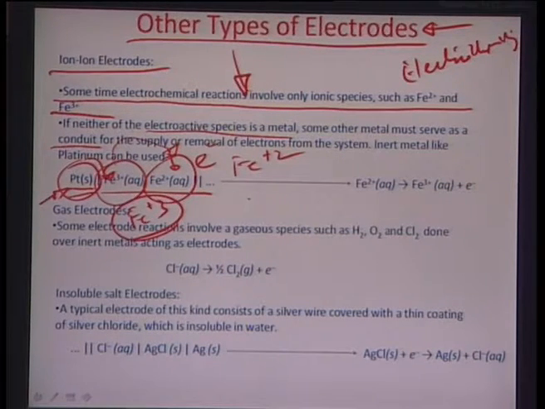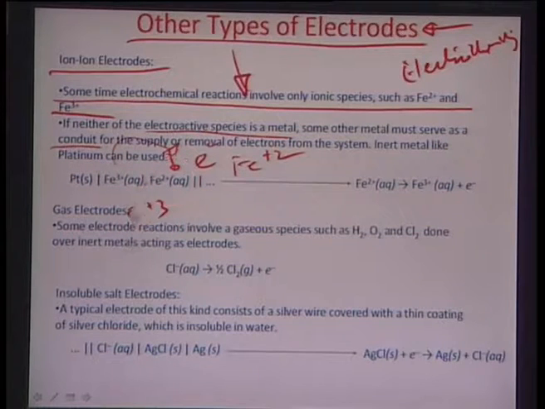The other types of electrodes that are available are gas electrodes, as can be illustrated in this particular example.